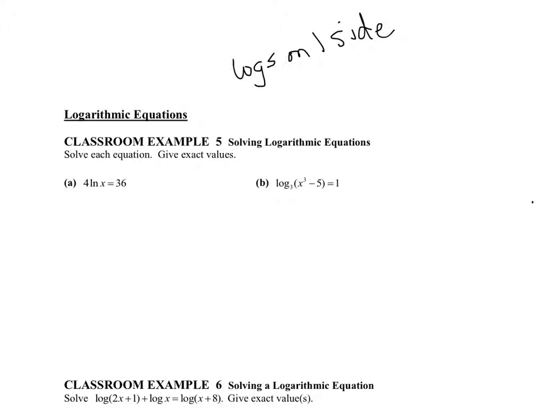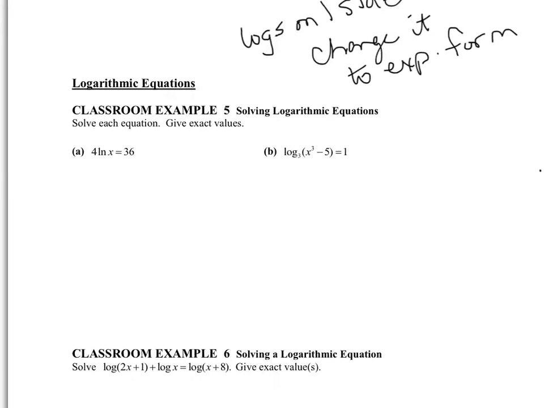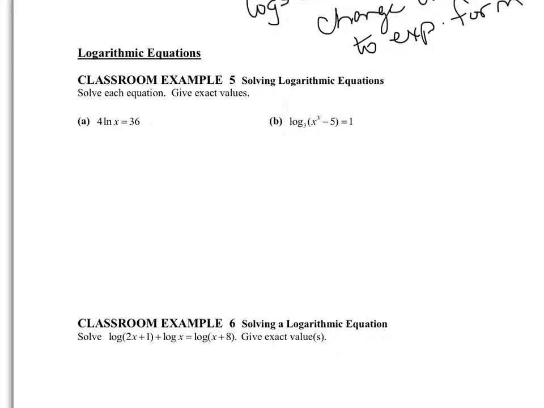So what we want to do, if something is written in log form, we want to change it to exponential form, and then hopefully it will be something we can solve. Most of us do not think in terms of logarithms, but we could work a little more effectively in exponential form if we make that adjustment.